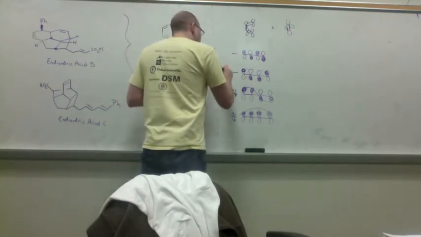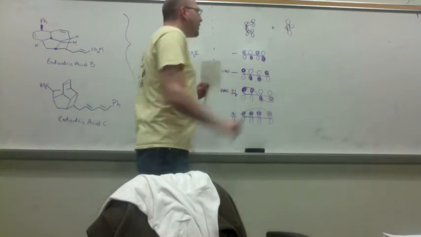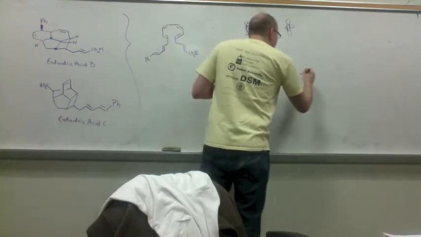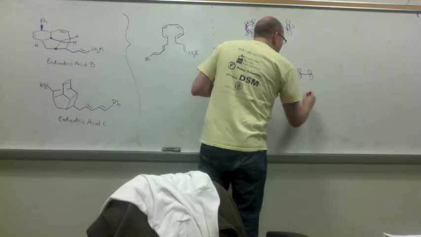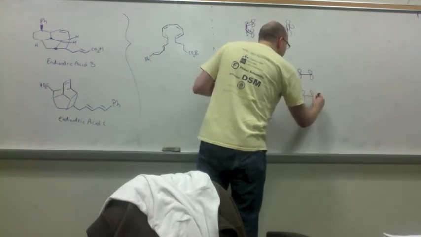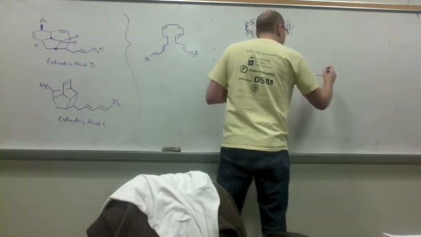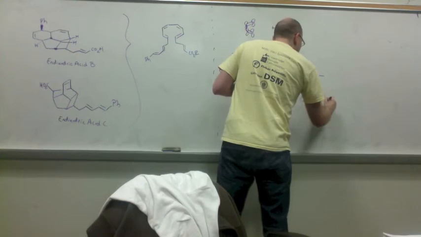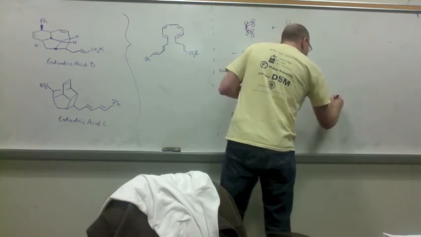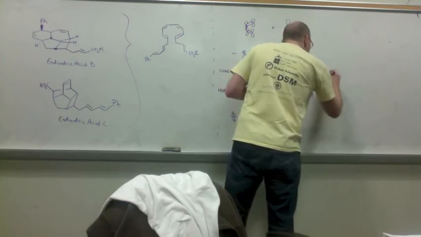This over here is our LUMO. And then on the alkene, we've only got no nodes and one node. In this case, we have 2 electrons, and so this is our HOMO, and this is our LUMO.